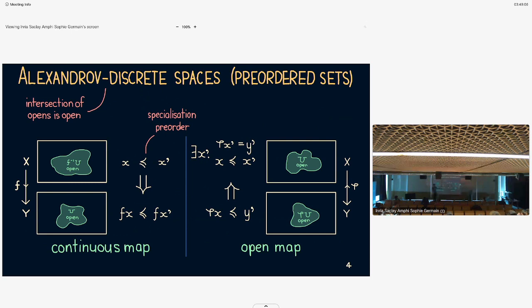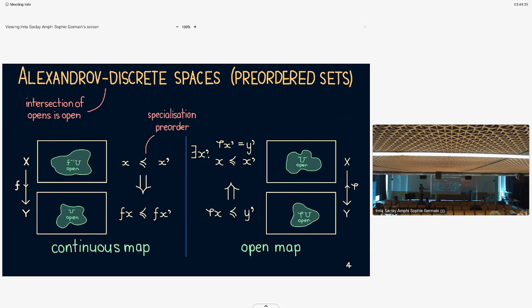It has the same kind of lifting flavor that we've seen in the previous few examples. The idea is if I have a point x in X, and a point y prime in Y, and φ(x) is less than or equal to y prime, then there should exist a point x prime above y prime such that x is less than or equal to x prime.